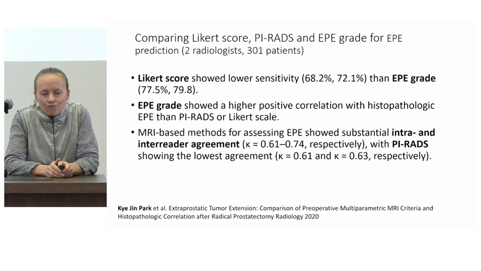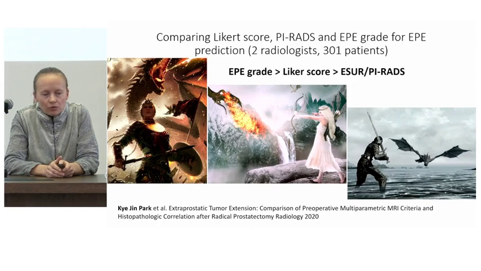And PI-RADS shows the weakest agreement between readers. If we would like to express it in a simpler way, with small differences, EPE grade is the best one, then Likert, and then old good PI-RADS.